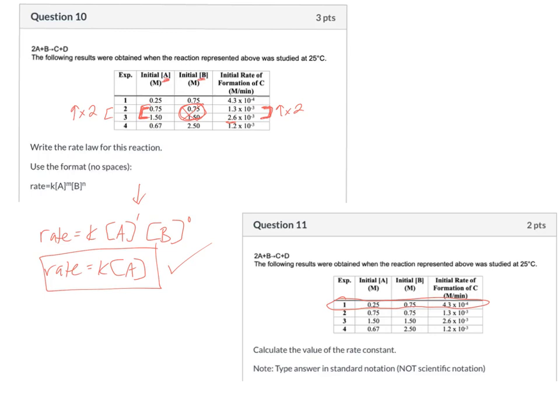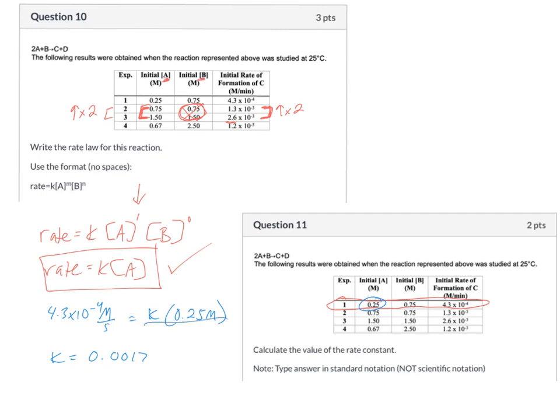So I plug in for the rate, 4.3 times 10 to the negative 4th equals K, and A is 0.25. I solve for K by dividing 0.25 on both sides, and I get 0.0017.